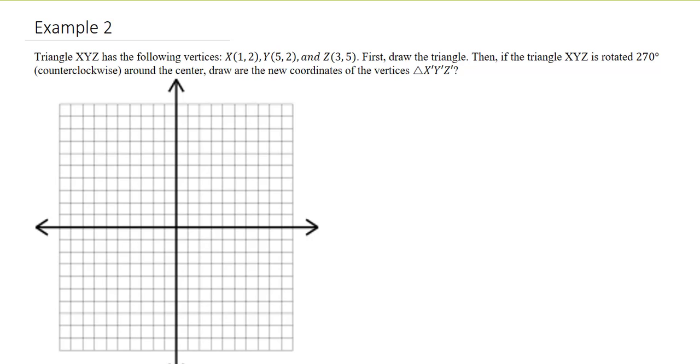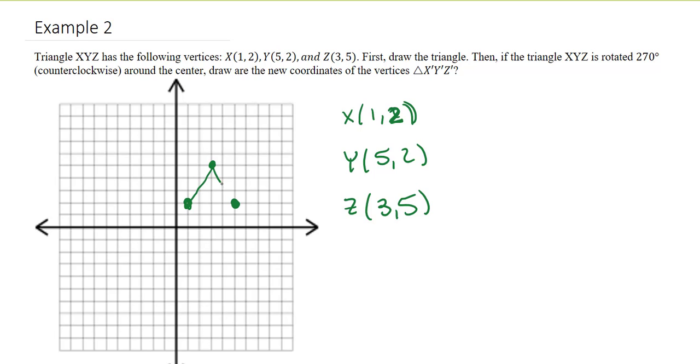So X is 1, 2, right there. Y is 5, 2, so over 5, up 2. Then Z is 3, 5, so over 3, up 5.